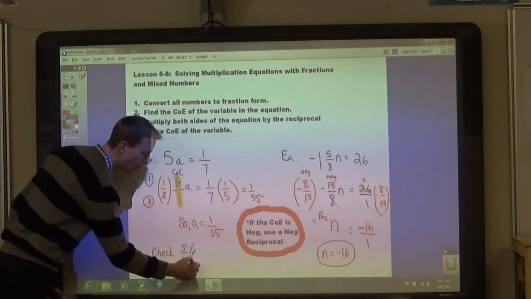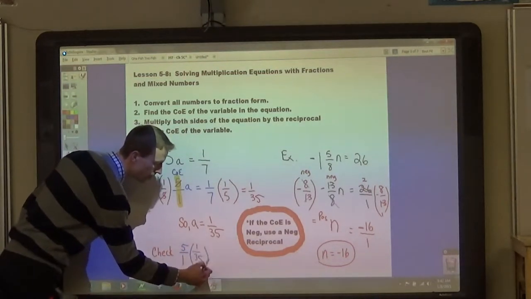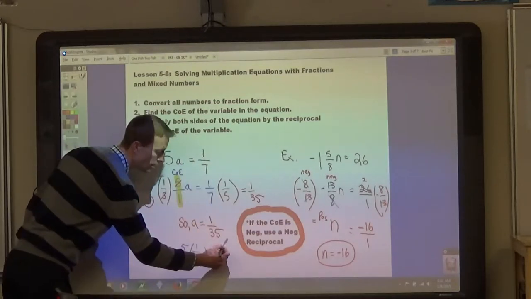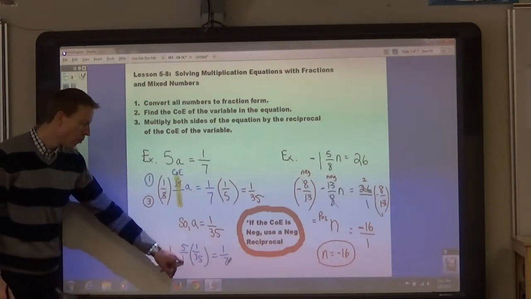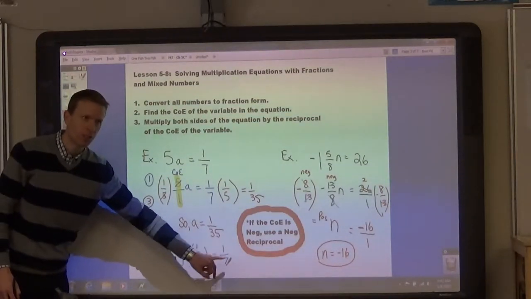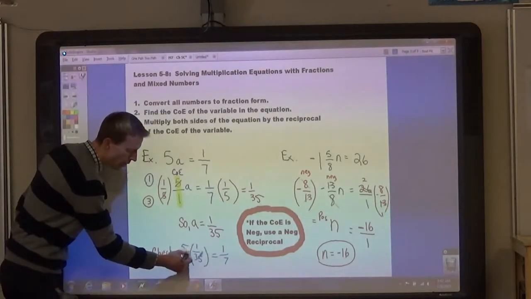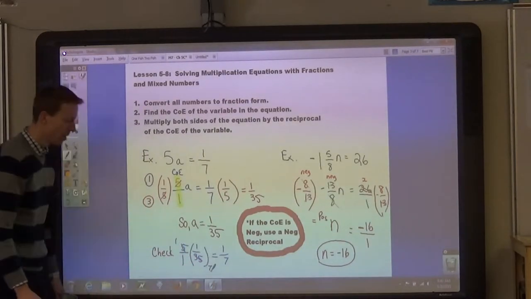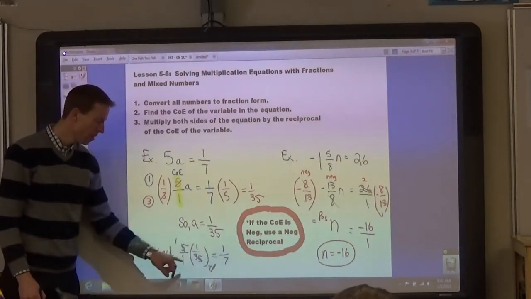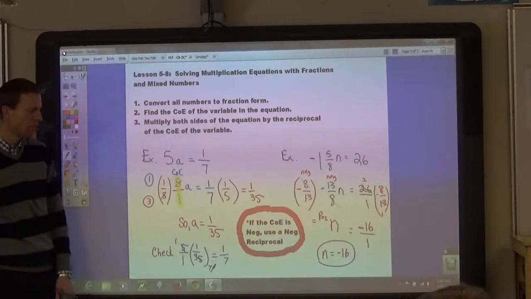So we'll use that number for a, 1 over 35. And then the rest of the equation, 1/7. Does that check? Does 5 over 1 times 1 over 35 equal 1 over 7? Yeah, because we can reduce 5 and 35 to 1/7. And when you multiply, 1 times 1 is 1, 1 times 7 is 7. So that's how you need to check the multiplication equations.